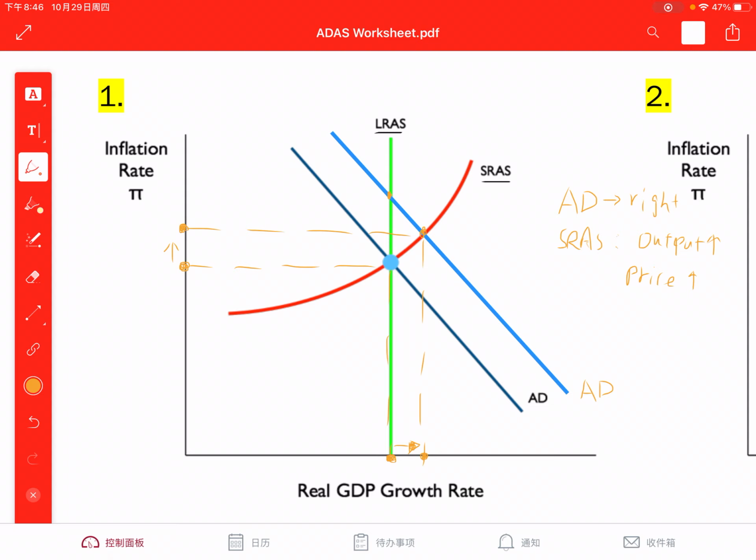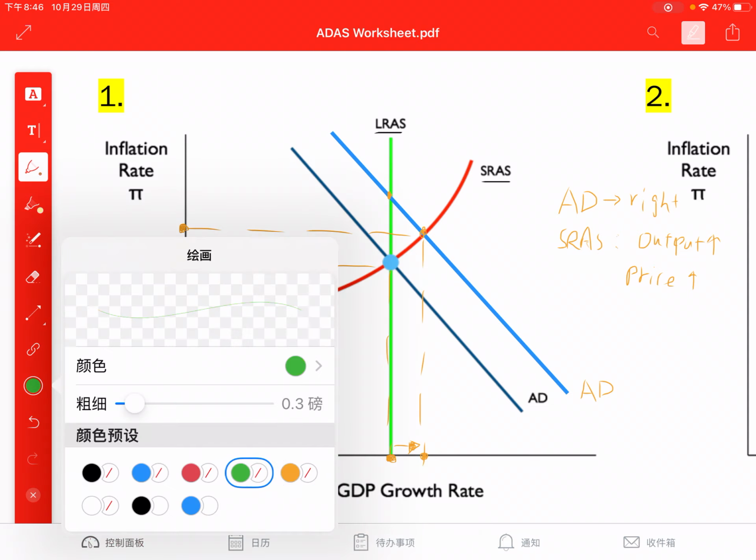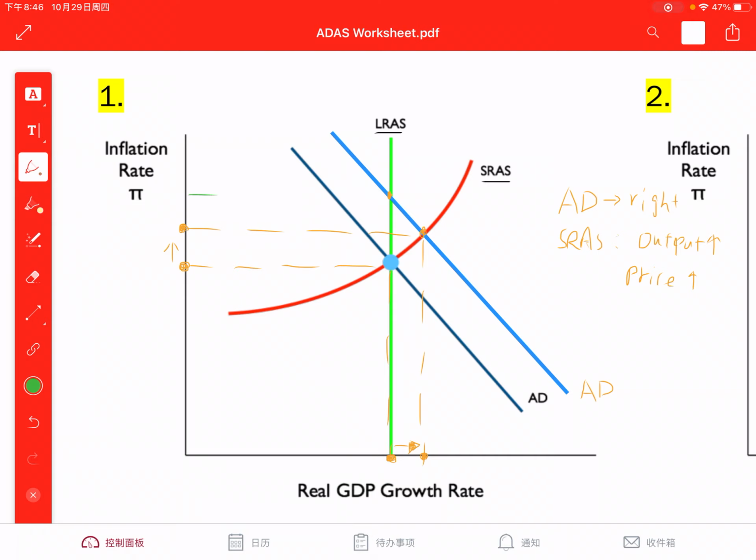But let's say the long term, so I will use a different color, maybe green. So in the long term, we could say they have these two. For the output, it's still the same, but the price should increase much higher than in the short term. So let's write this over here.